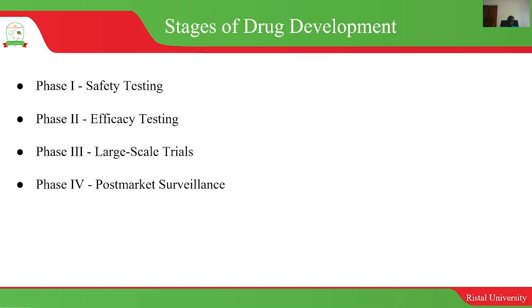And then the fourth one is post-market surveillance. Already we are trying to see how we can roll this out at a large, market scale, so that the drug is known and people might be able to access it.